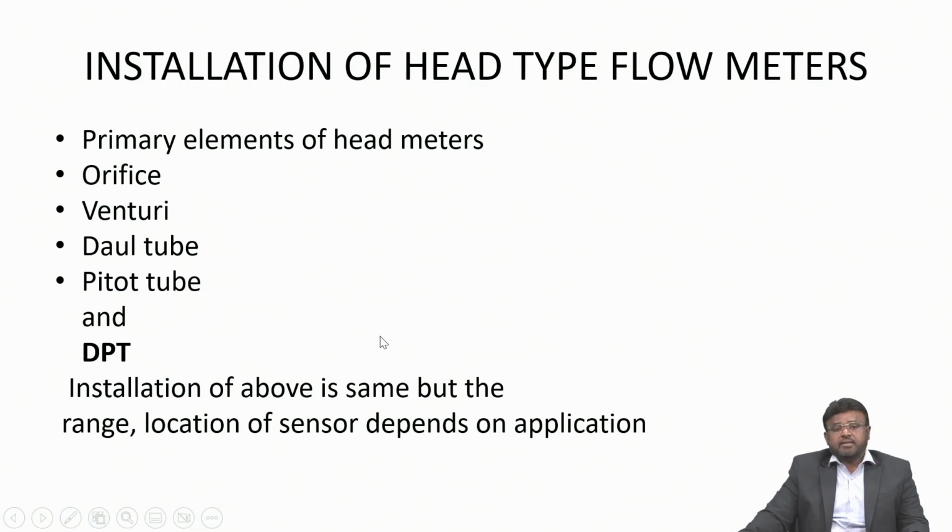We need to install head type flow meters. Fundamentally, for the sensors related to orifices, venturi, dall tube and others, we need to situate an obstruction in the path of the flow within the pipeline, whether it is water carrying or steam carrying. So how to install it? Later, based upon the sensor output coming from the orifice, venturi, dall tube or the pitot tube.